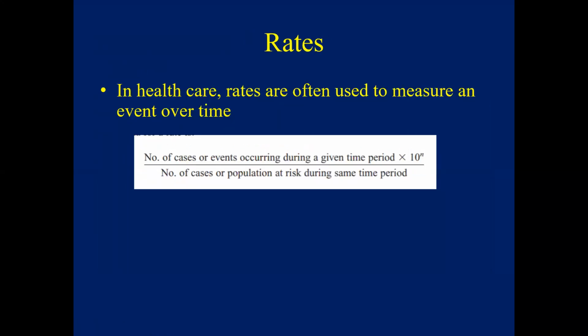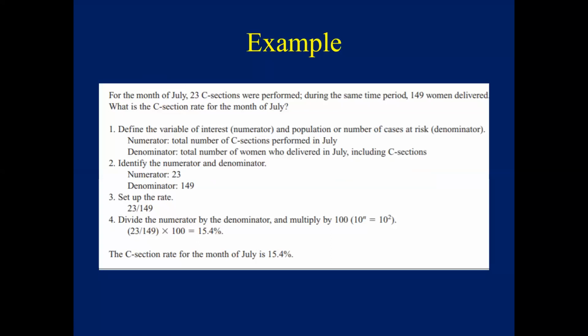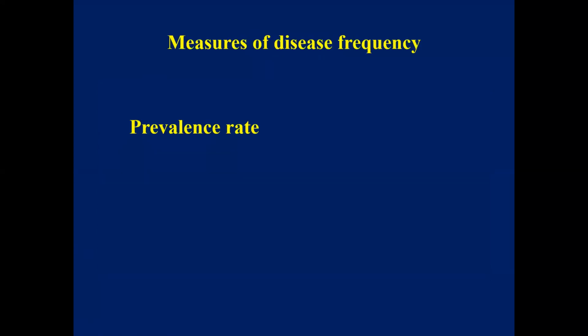As per the definition, a proportion in which the change is over time is considered a rate. So this is a rate, 23 by 149 into 100. The period is important there, and that's why it is called a rate. So the cesarean rate for the month of July was 15.4%.